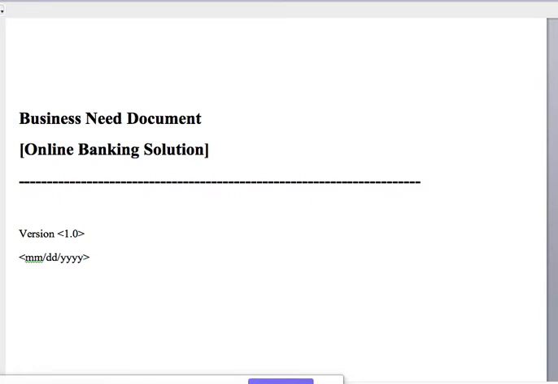Usually these templates or definition documents are the end product of all our previous activities.